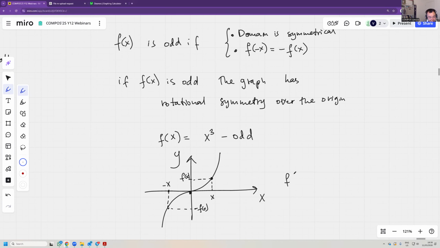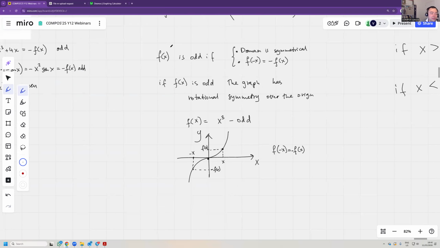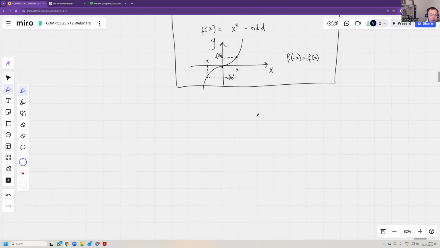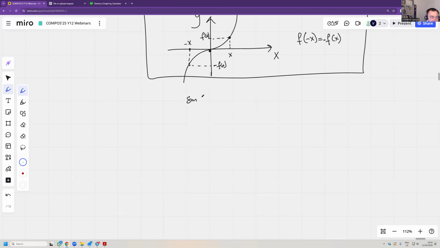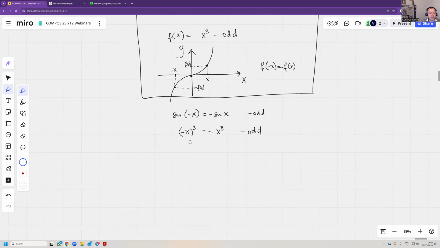So I repeat myself, f of minus x must equal minus f of x. Effectively, you can take the minus out of the function, and that's an odd function. An example is a sine function. Sine of minus x is minus sine x. That's odd. Minus x cubed equals minus x cubed. That's odd. Okay, hopefully that makes sense.